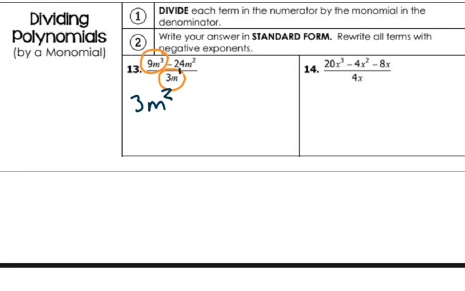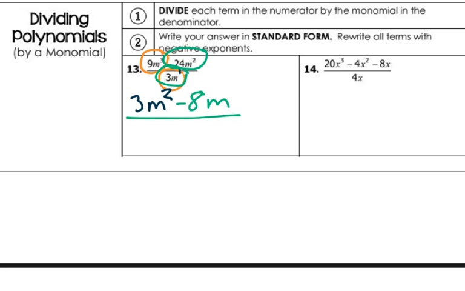Then we're going to look at the second term in the numerator and divide by the denominator. So negative 24 divided by 3 gives me negative 8, and m squared divided by m is just m. And this is my answer.